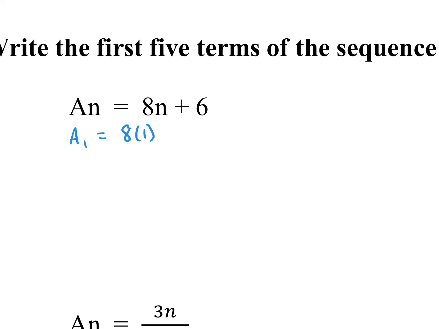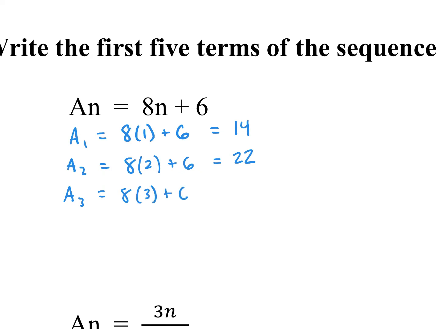So 8 times 1 plus 6, which would be 14. And then a sub 2 would be 8 times 2 plus 6, which is 22. A sub 3, we plug in 3, plus 6, which is 30.